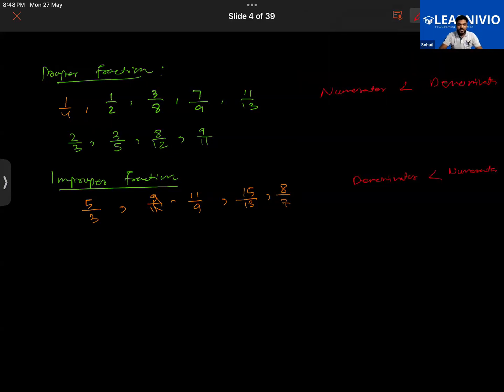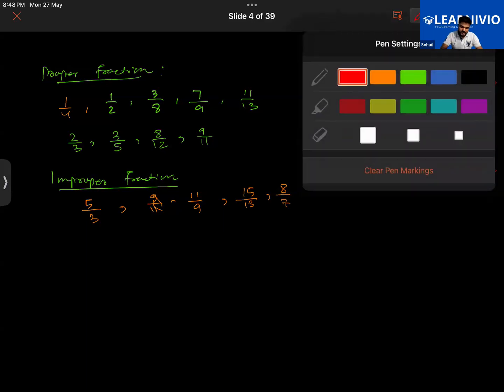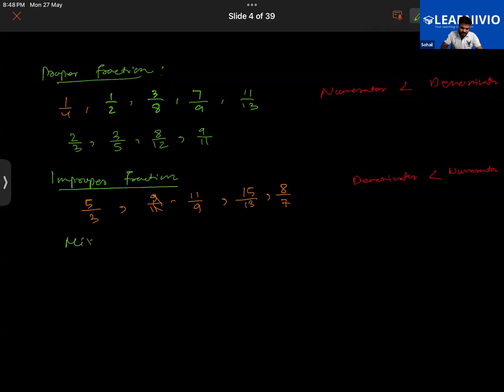Then later on you have mixed fractions also. Let us learn about a mixed fraction. What is a mixed fraction? By the name itself, it says that it will be a combination of a natural number and a fraction. Say for example, you have a number like 3, 1 upon 5.